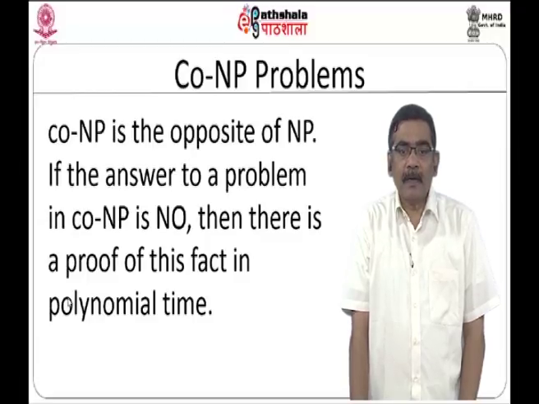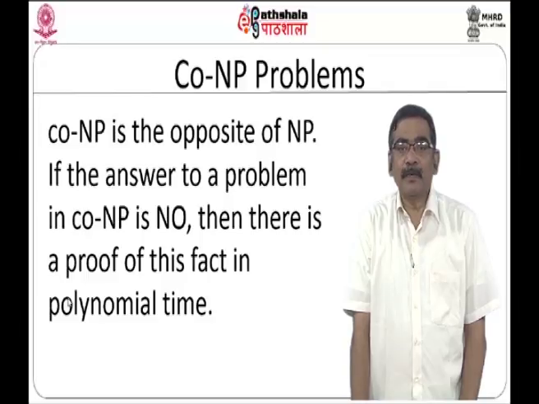Co-NP is the complementary NP, another set of problems that is available. This is just the opposite of the previous one, where if the output of the algorithm is no, then a proof is available that can be checked in polynomial time.